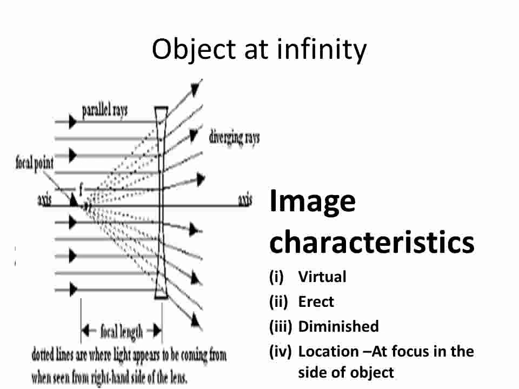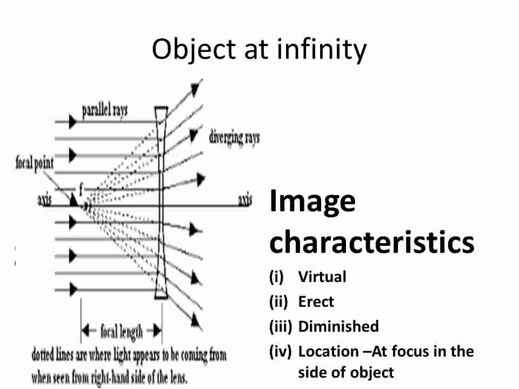Image characteristics, the properties of the image. Number one, virtual. Virtual means light is not really approaching; the two rays of light are not really intersecting. Therefore the image is a virtual image, but it is observed by the observer. Second, erect.